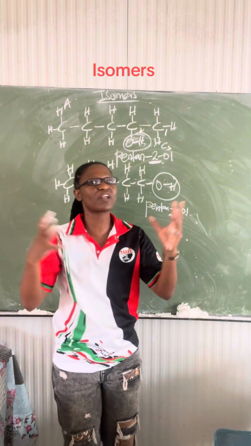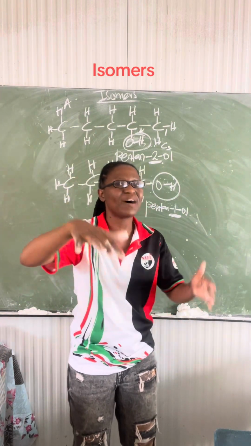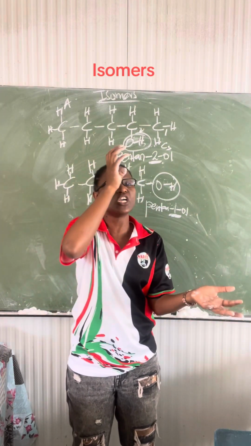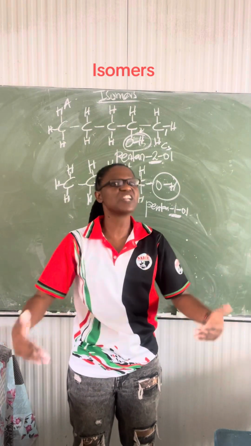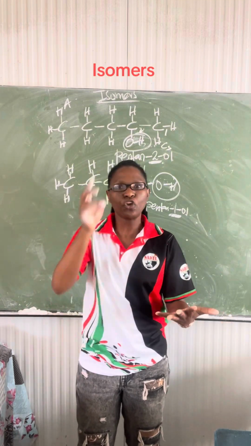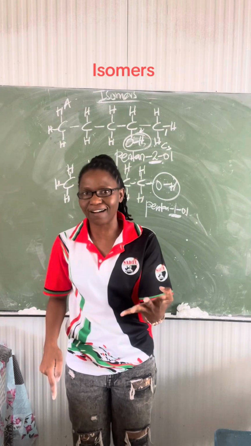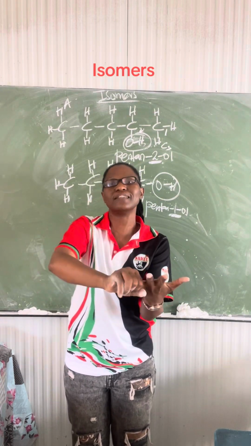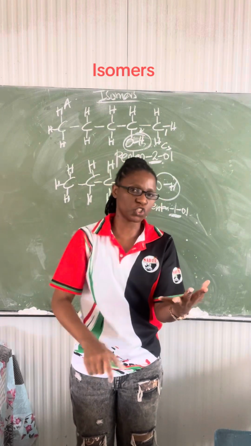Then the last one, we've got what we call functional isomers. What are functional isomers? They are organic molecules with the same molecular formula but different functional groups. As a learner, you need to know that we've got ketones and aldehydes. These two are functional isomers.